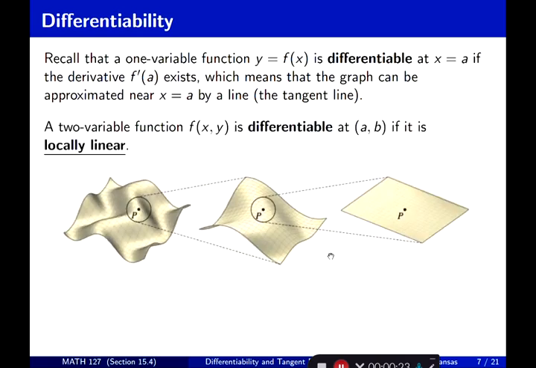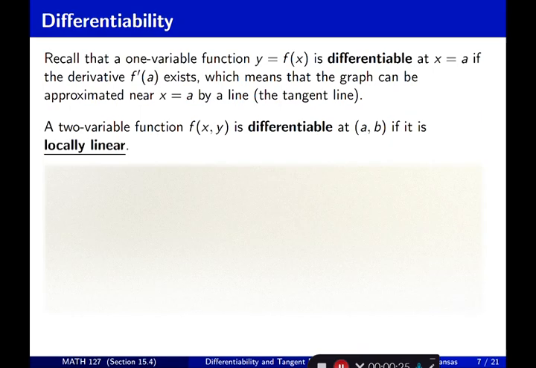So a two-variable function f of x and y is differentiable at a and b if it's locally linear. That is, if you zoom in around point P, what you see is closer and closer to a plane.